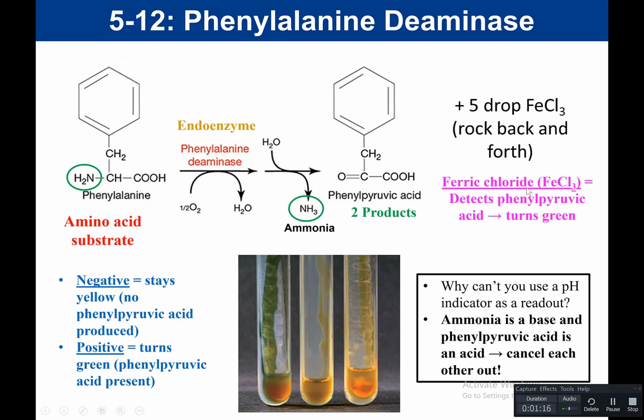And so you want to know, what does the negative look like? What does the positive look like? So the negative in this test is going to stay yellow, which tells us that no phenylpyruvic acid was produced, whereas the positive is going to be green, which is because the phenylpyruvic acid is present and it was detected by the ferric chloride. And so this is what you would need to know for that.